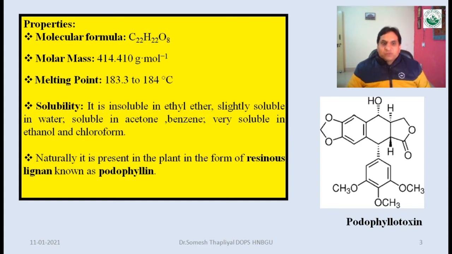Regarding solubility, it is insoluble in ethyl ether, slightly soluble in water, soluble in acetone and benzene, and very soluble in ethanol and chloroform. Naturally it is present in plants in the form of a resinous lignan known as podophyllin.